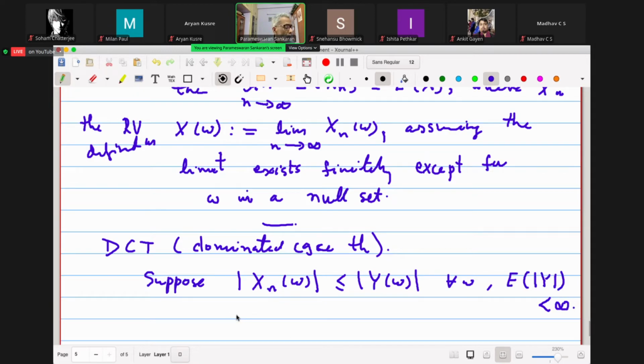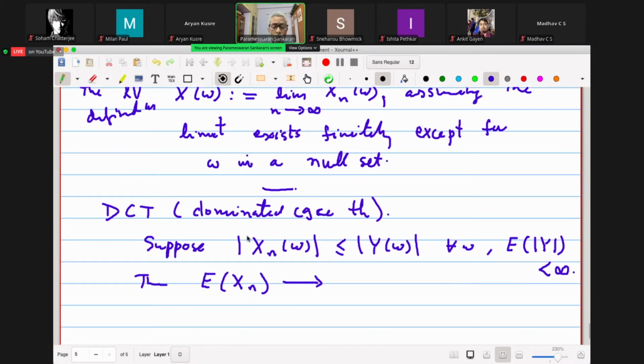Then the limit, let me write this briefly, expectation of Xn, which is the same thing as the integral over Ω of Xn dP, goes to E of X as n goes to infinity.